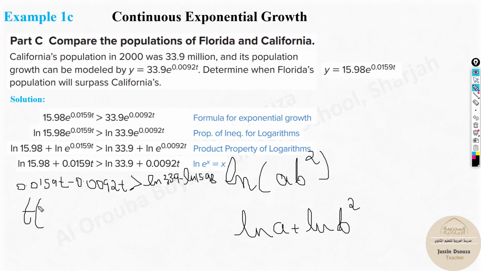When you remove t common, what's remaining? You're remaining with these two constants, 0.0159 minus 0.0092. Remember, the t is taken as distributive property, so this is gone common. If you multiply this inside, you're getting the above equation, so it's balanced. So you're removing this outside, and whatever is there needs to be divided at the right side.